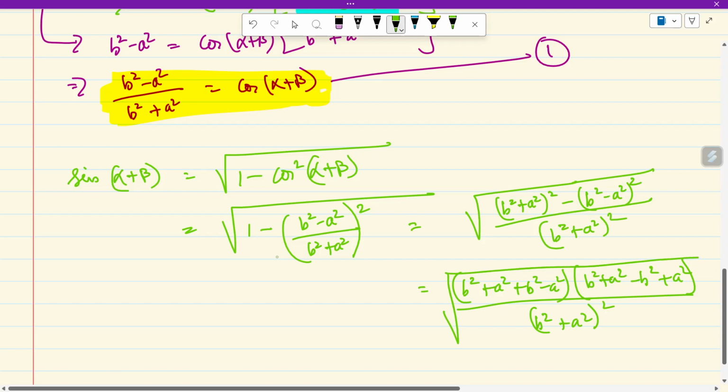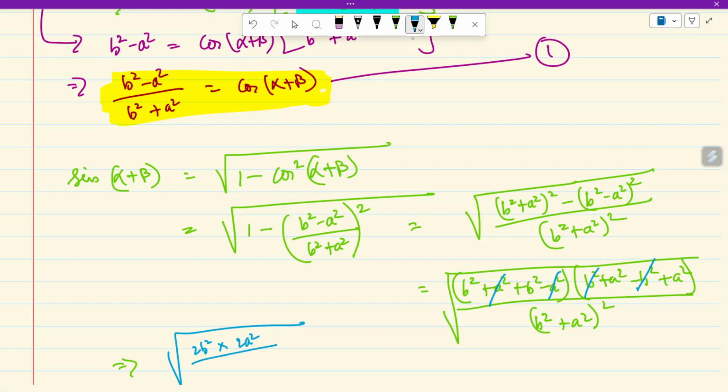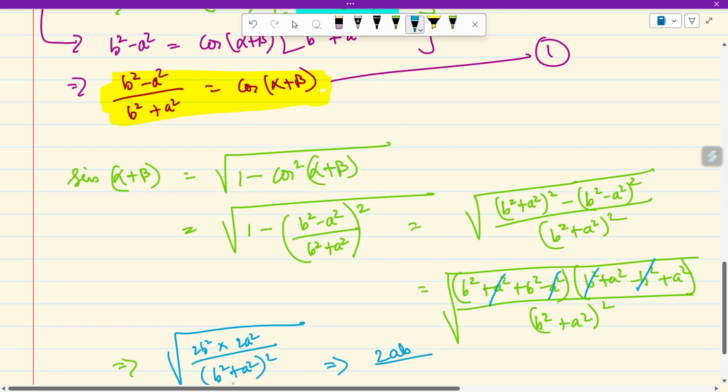When you solve this, we can see that something is cancelling: a square plus a square cancel, minus b square plus b square cancel. So what we are getting is root under 2b square into 2a square upon b square plus a square whole square. If you further solve this, the value will come 2ab by a square plus b square.